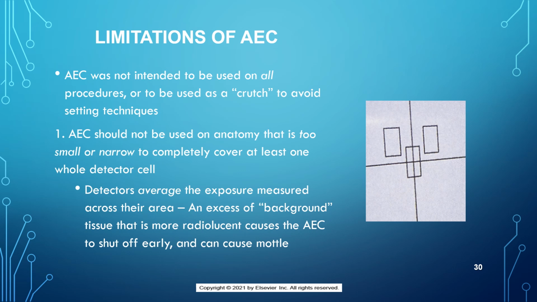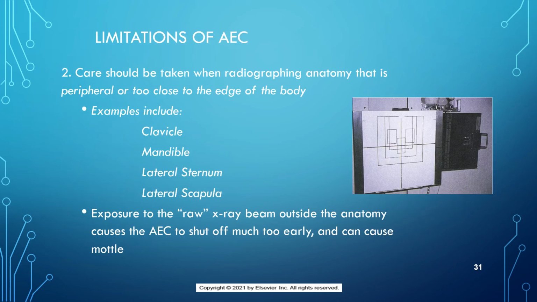Okay, so if photons enter the chamber quicker than expected, like primary beam hits the active chamber or too much scatter radiation hits the chamber, the AEC can trip prematurely. Okay, when the AEC achieves threshold ionization, it shuts off.